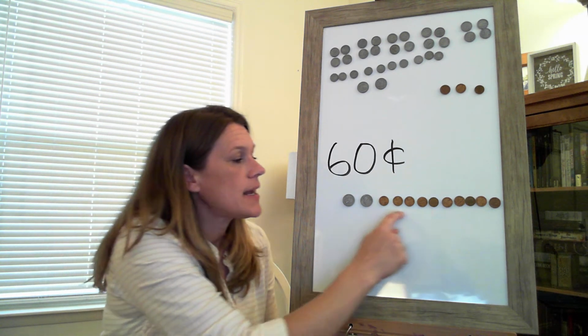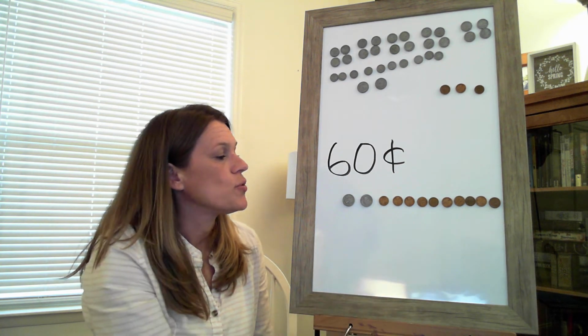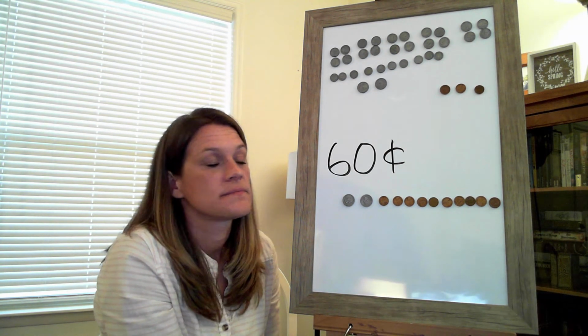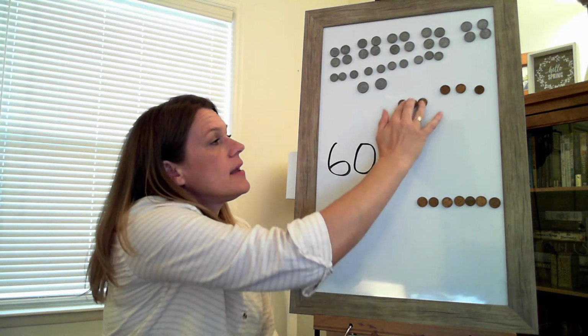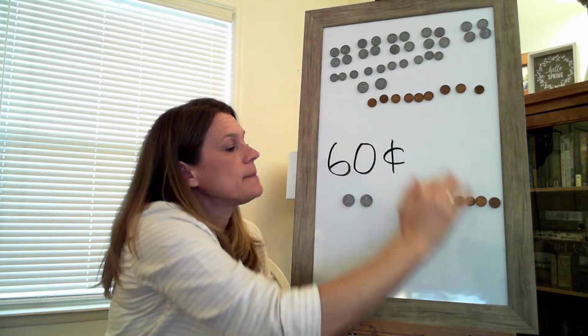How many pennies did I need to bring down after I brought my 2 quarters down? 10. That's right, I needed 10 pennies. All right, so bring those pennies back up.